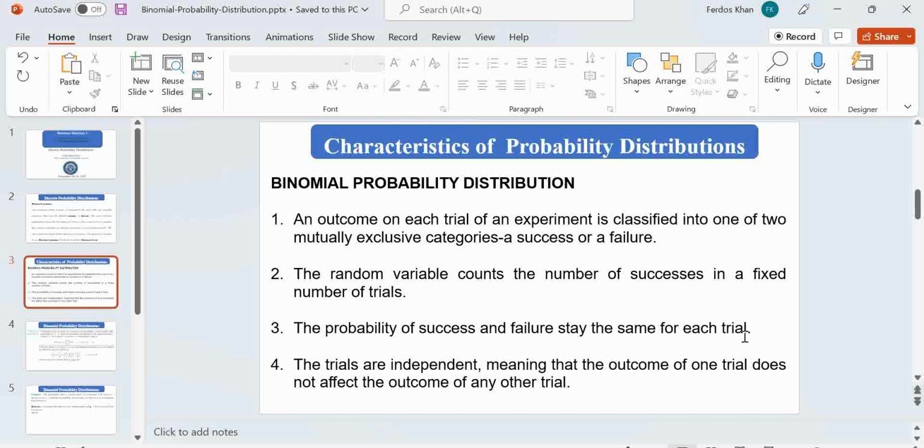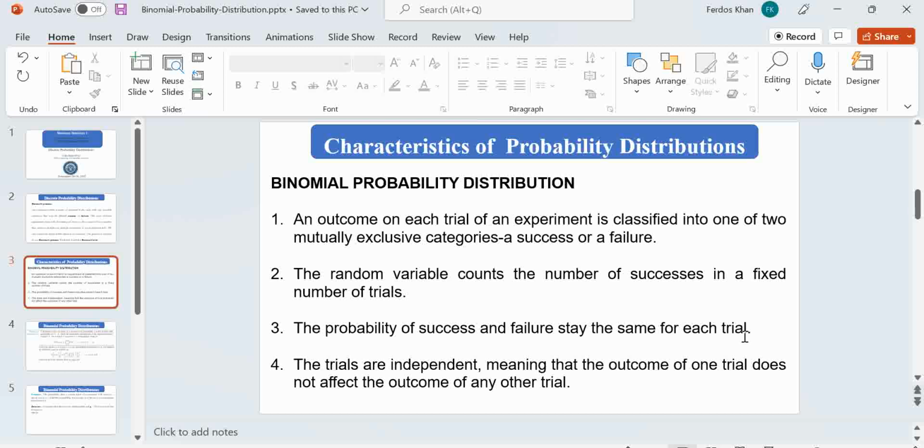The fourth property: the trials are independent, meaning that the outcome of one trial does not affect the outcome of any other trial. I will explain this with the same experiment. Suppose we toss a coin once and we get head. We toss a coin a second time, we may get head or tail, but this is not affected by the first trial.